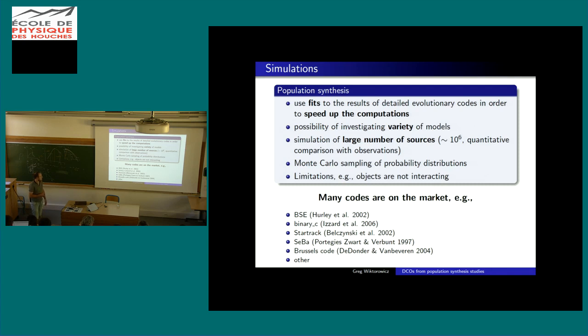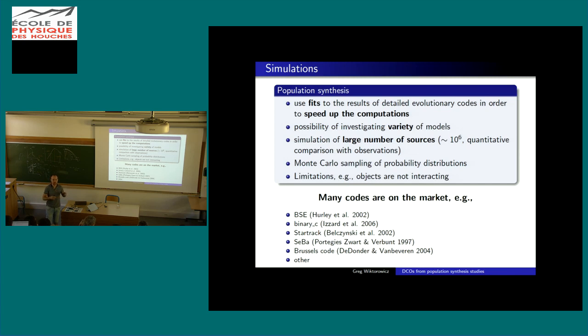A typical number of stars or binaries we need to simulate is around 1 million, but sometimes it's higher. What matters is how many interesting binaries you get.